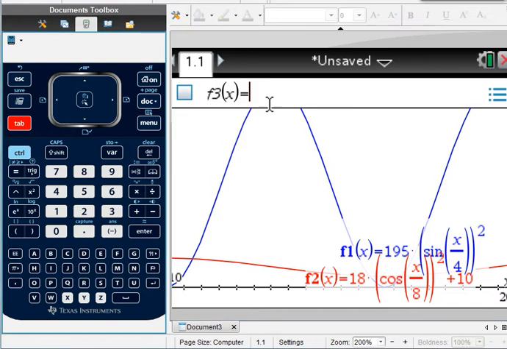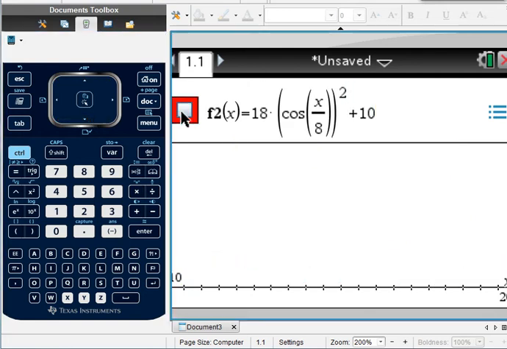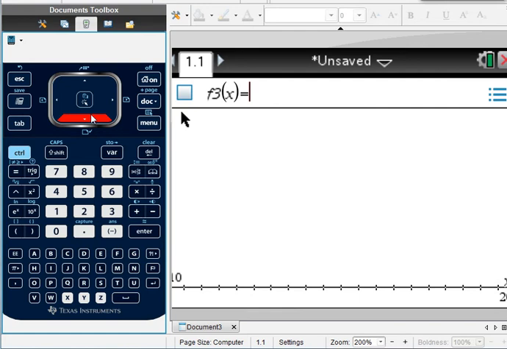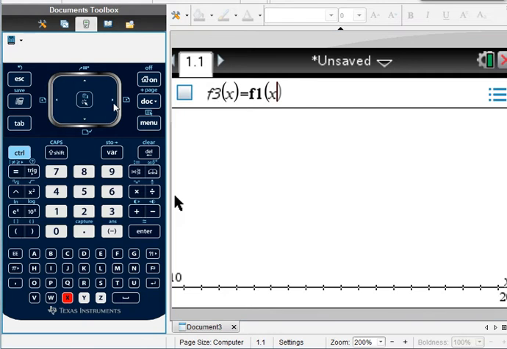Let's go ahead and do one more thing. I forgot we entered in F3 already. So I'm going to go back and deselect these two. If you want to put a slash through the eyeball, you can do that, if your Inspire looks like that. And then F3, we'll put F1 minus F2. Now it's not always the first one first. The only reason why it is is because the rate that's increasing, whatever it is, goes first, which happens to be the first one we're given.